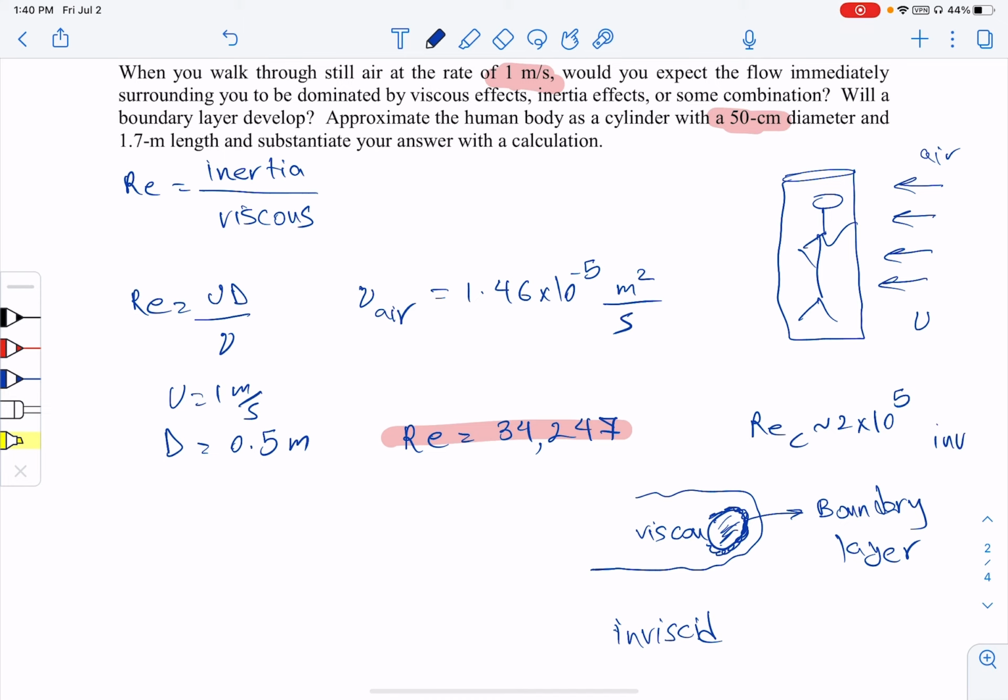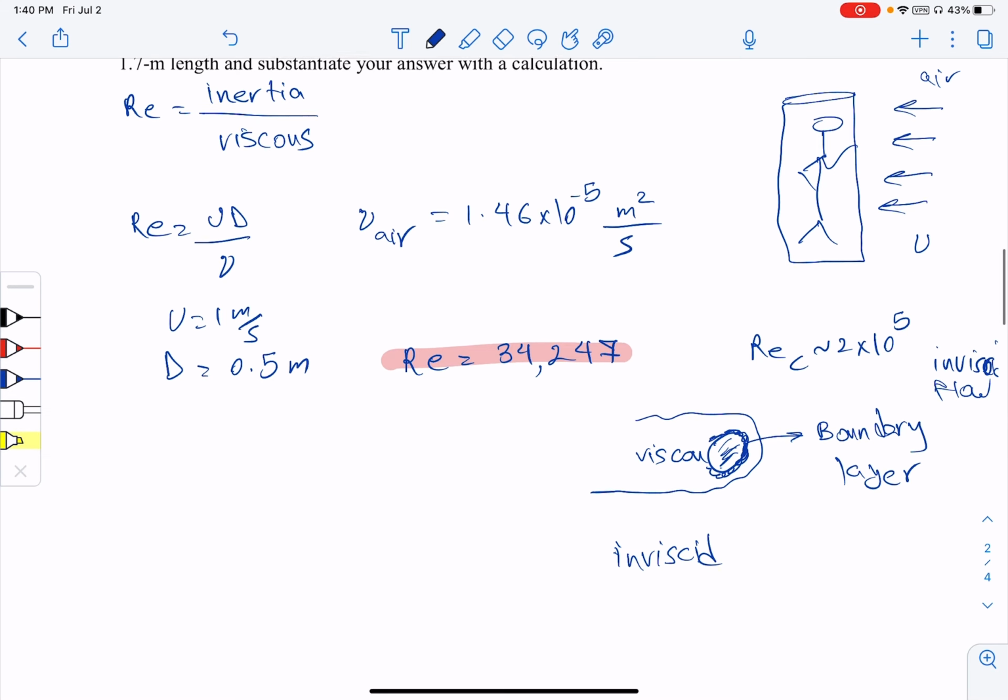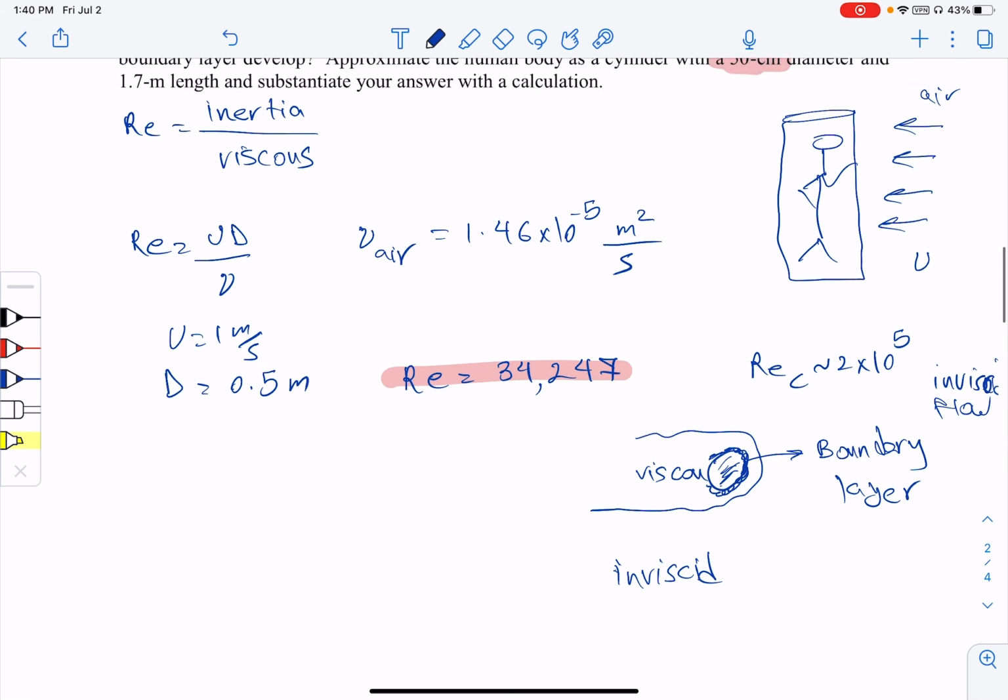For example, here, outside of the body, we have inviscid flow, right? And yeah, that's it for this question.